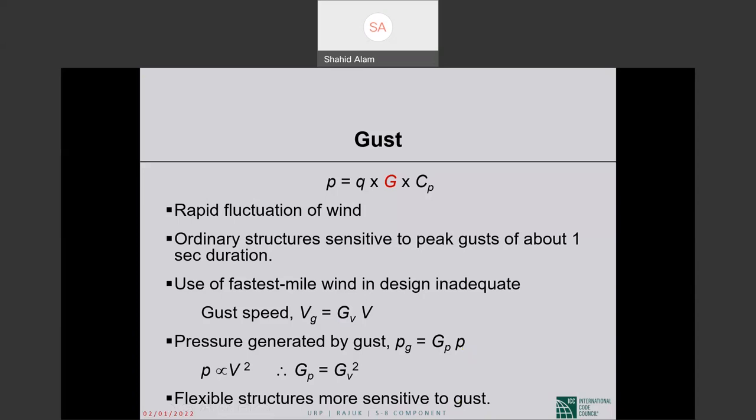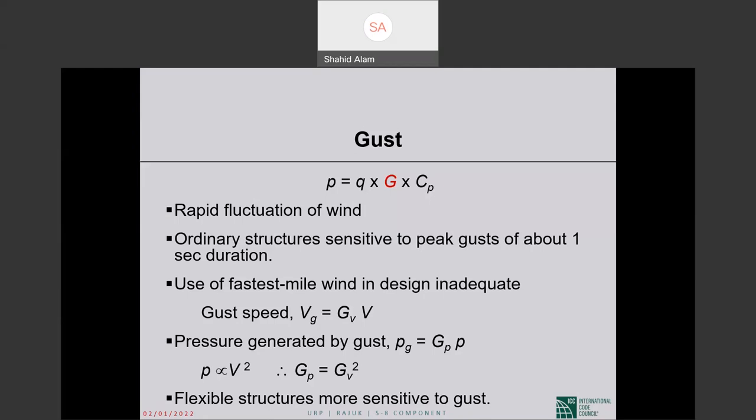If we want to apply the gust effect factor to the pressure due to wind, the factor would be the square of the factor that we would have applied to velocity, because pressure is proportional to the square of the velocity. So if we apply the gust effect factor to the wind velocity, it would have been a smaller factor. AC7 chose long years ago to apply the gust effect factor to the pressure due to wind.